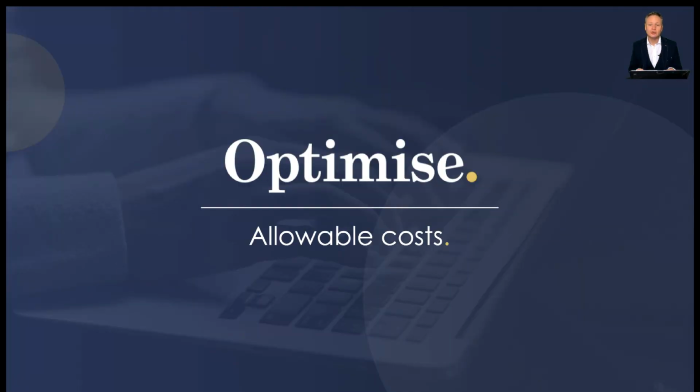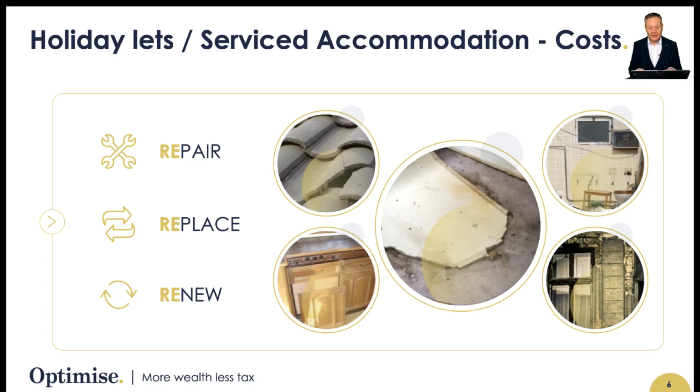So let's go through the allowable costs for your holiday let and service accommodation. Now, in the previous video I talked about this, but it's pretty much the same story here. You could have repair, replace, renew. So imagine that you have bought an apartment in London that you're going to be using as a guest house. Now, you could be repairing the cabinetry in the kitchen.